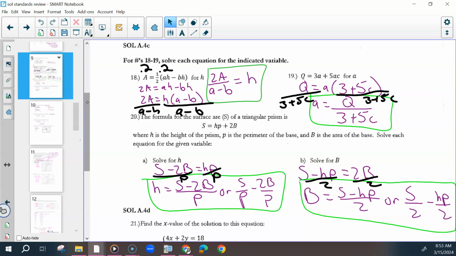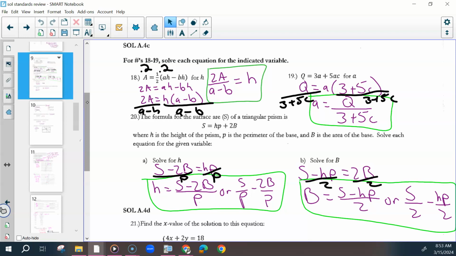We're trying to pull it out of both. So we undo the distributive, bring the h out, see what's left, put that in parentheses, and then divide both sides by a minus b. So h equals 2A over a minus b. And that would be that final answer. 19 is similar.